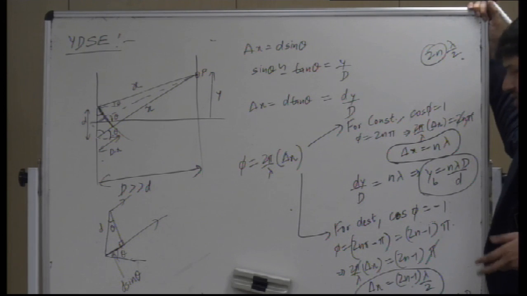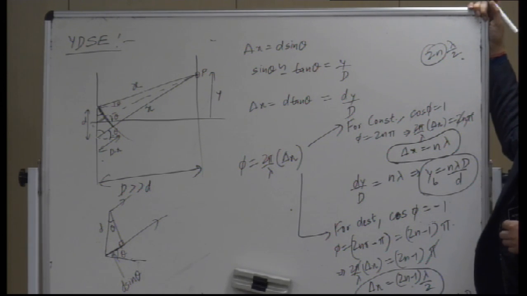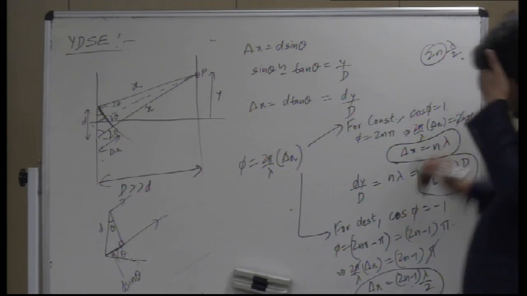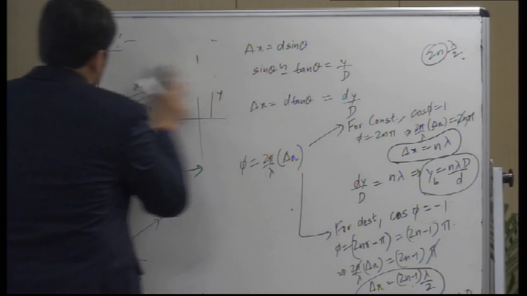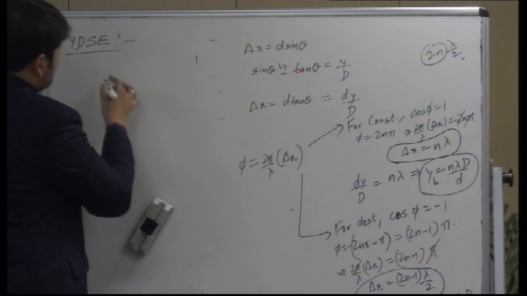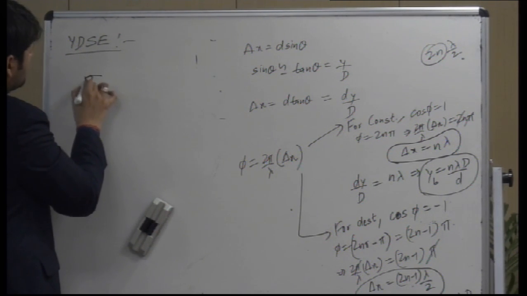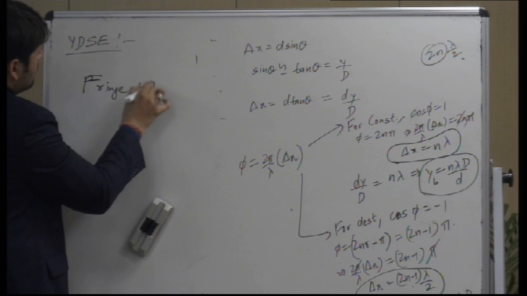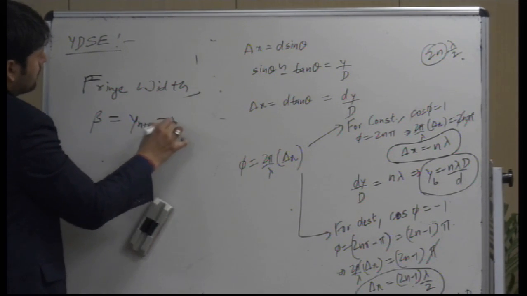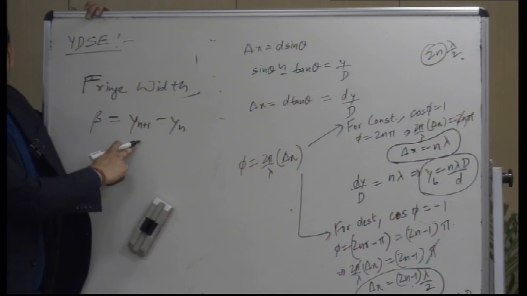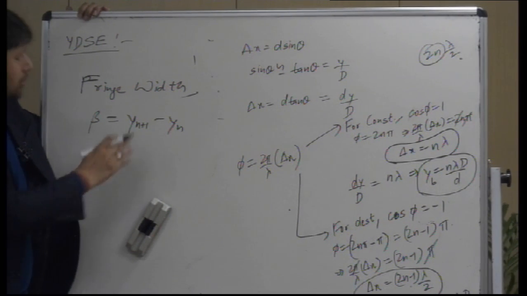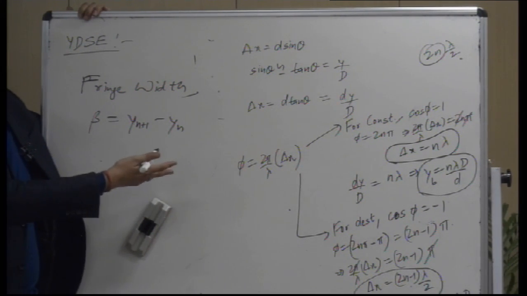You can find the fringe width. Fringe width is the distance between two consecutive bright fringes or dark fringes. So these are the things that you already know. Fringe width beta is y n plus 1 minus y n, the position of n plus 1th bright fringe minus position of nth bright fringe.